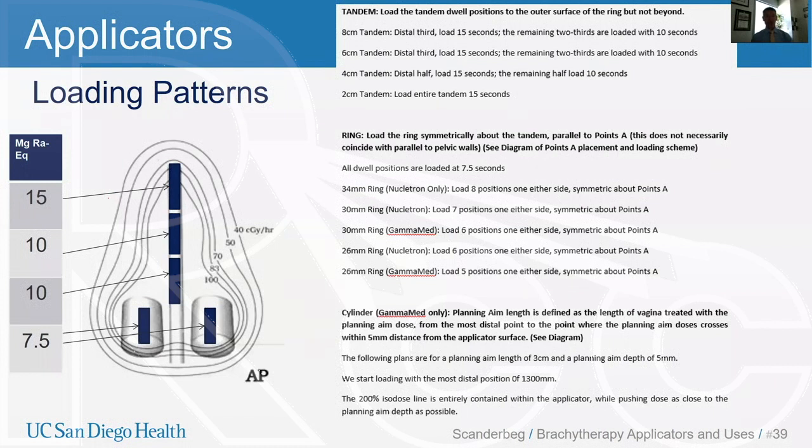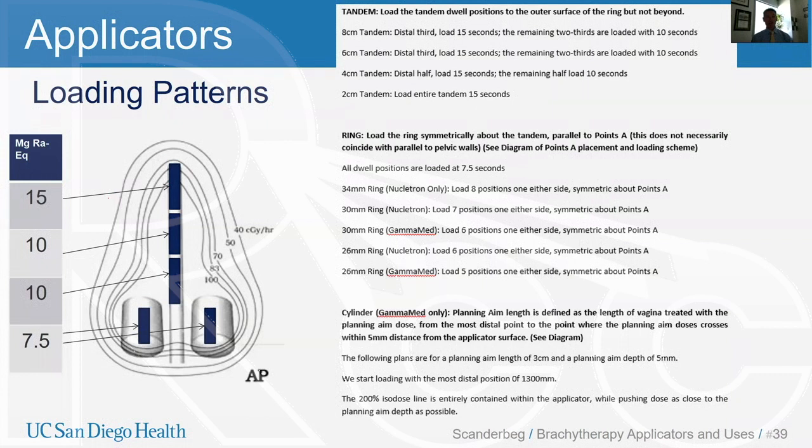So we want to load according to the plan on this slide, and this is the handout that's available to you. I'm going to go just briefly through it since we'll talk about it in future presentations, specifically cylinders, TNOs, and TNRs.